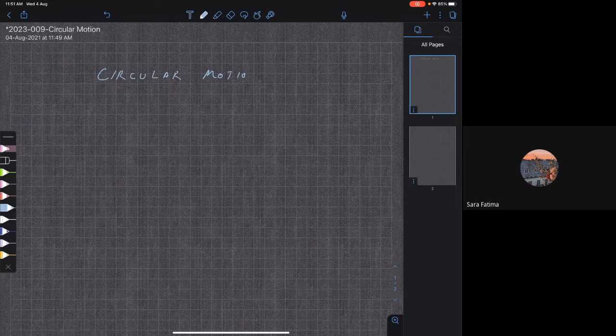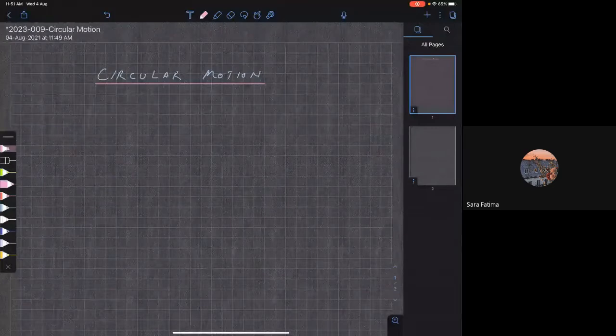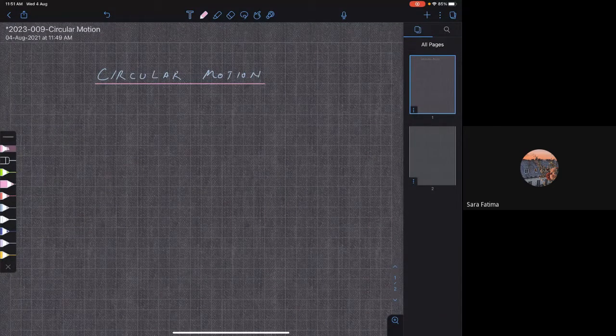We'll be learning two kinds of circular motion. One is called uniform circular motion and one is non-uniform circular motion, and I'll tell you what they are. Before that, we need to understand a few parameters in circular motion.